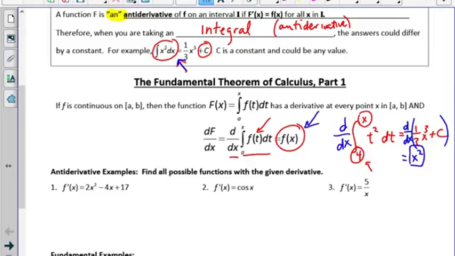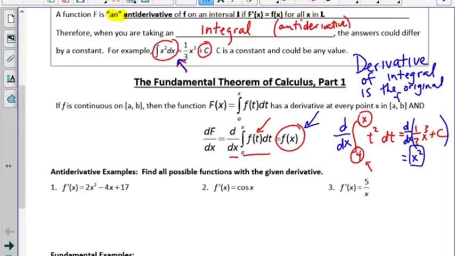Notice that if I take the derivative of the integral, I get the original function. That is very, very important. That is something that will help you remember what is actually going on. The fundamental theorem of calculus is basically: the derivative of the integral is the original function.